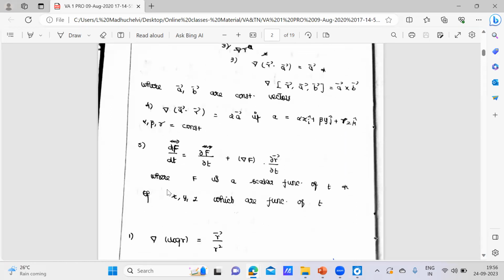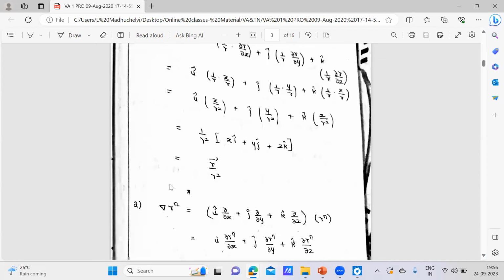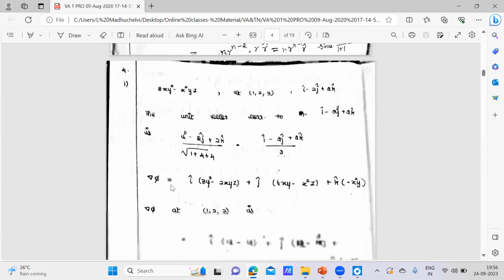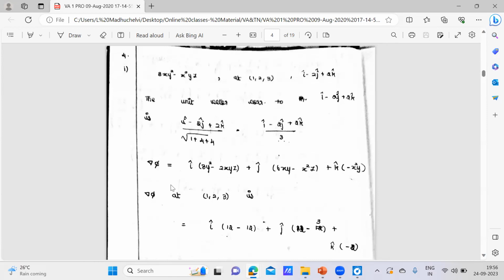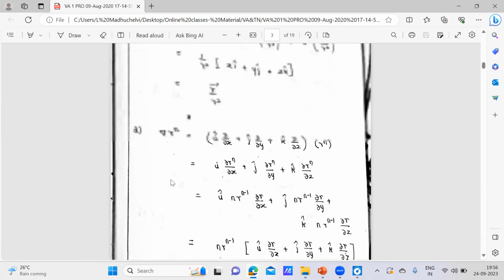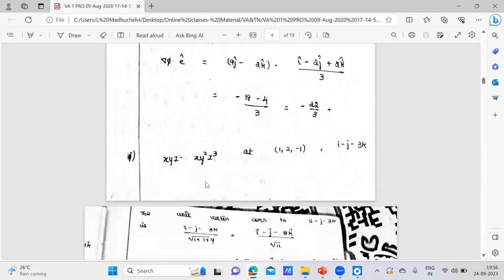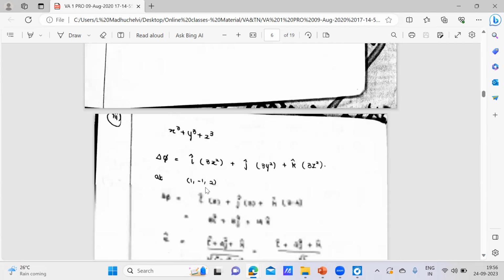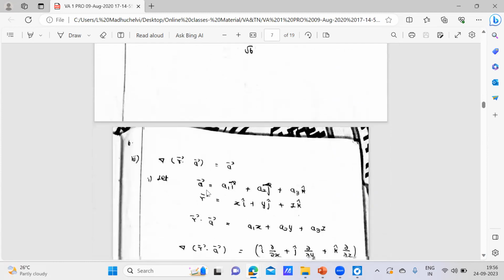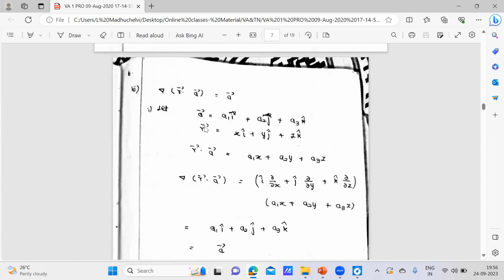Where a is a vector. So here, del of r dot a. Let us say a equal to a1i plus a2j plus a3k. Then r vector is xi plus yj plus zk.